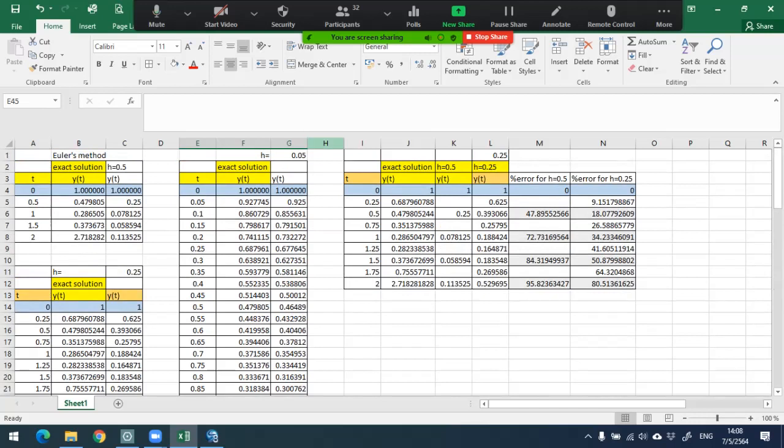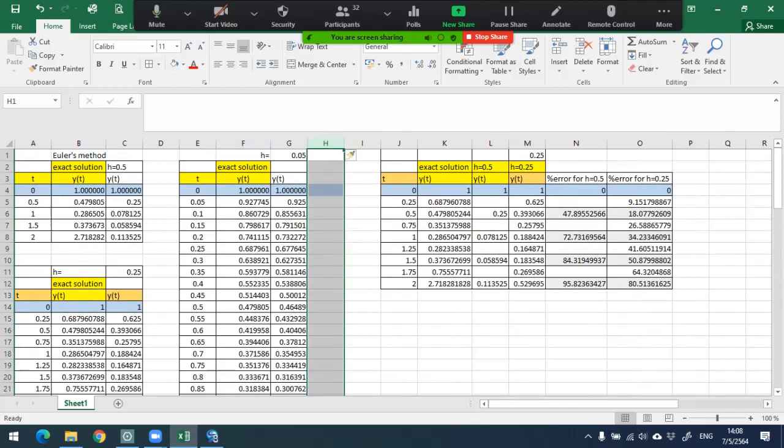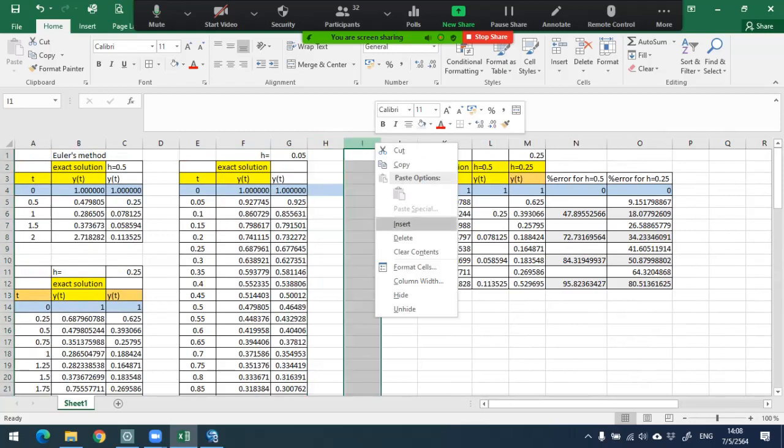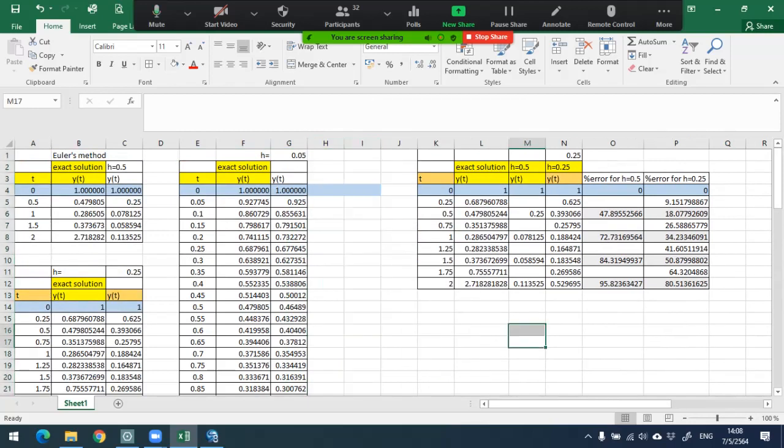If I use the step size of maybe just 0.05, this is the percent error.